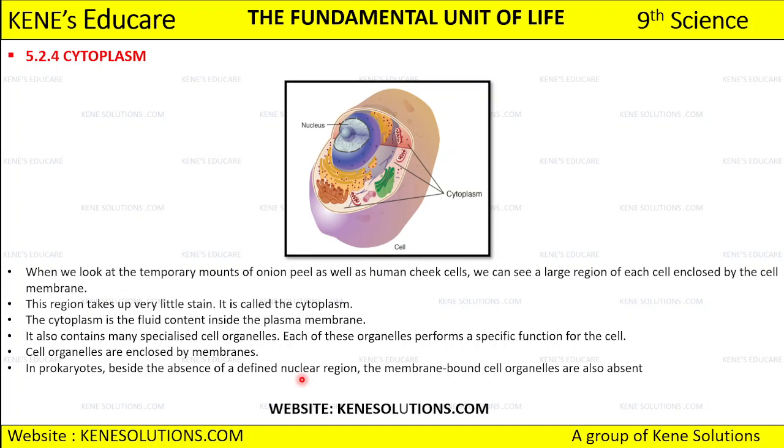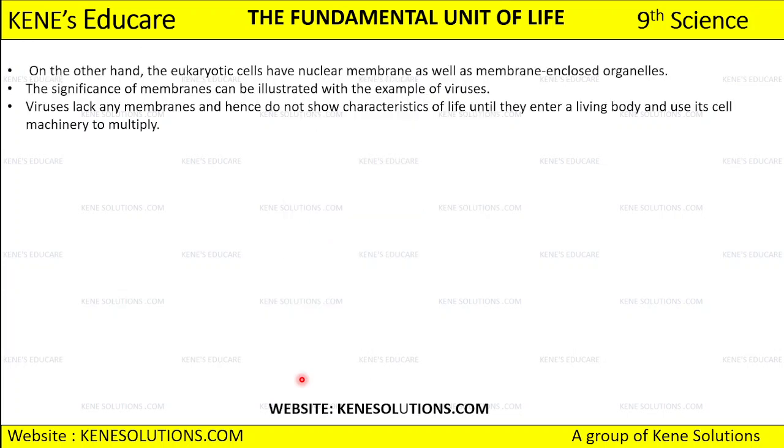They also don't have any membrane-bound cell organelles within them. So this is also one of the differentiating points: prokaryotes do not have membrane-bound cell organelles, but eukaryotes also have a well-defined nuclear region as well as membrane-bound cell organelles which are present within them. Okay.